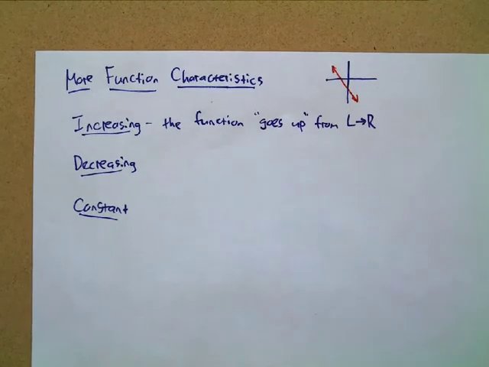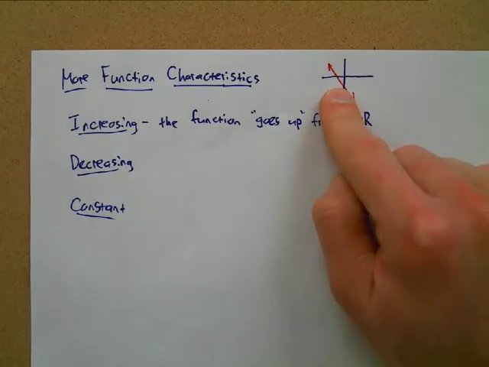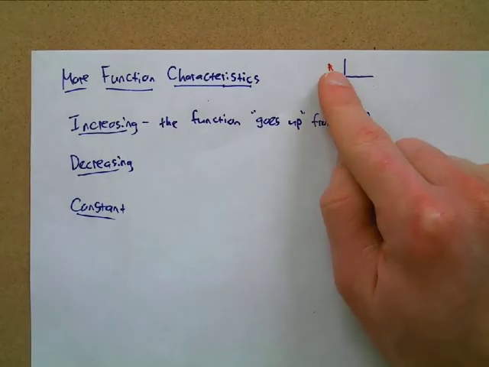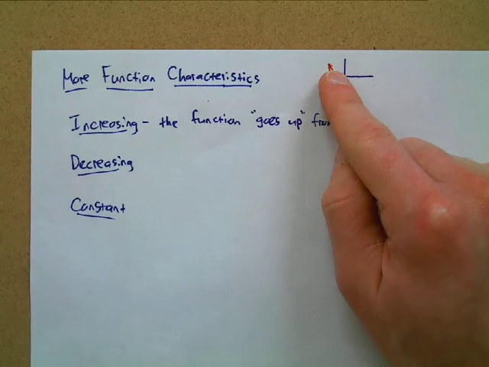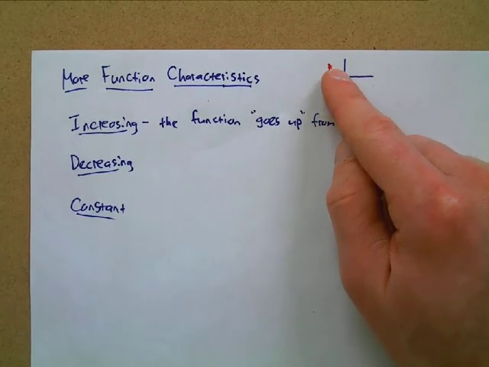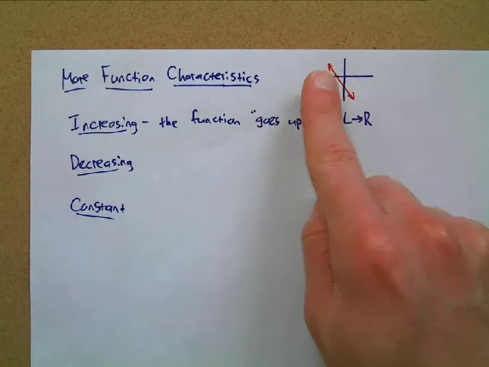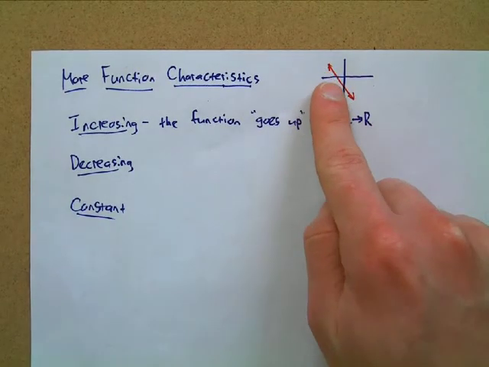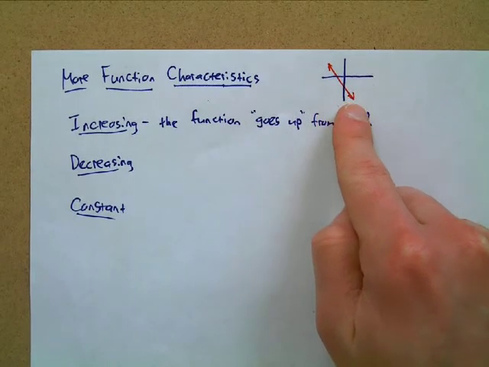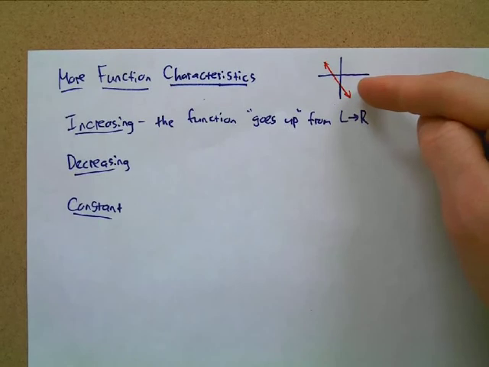If we just think about increasing as going up, you might look at this graph and say, "Oh, Mr. Wynn, I see this arrow is pointing up, so this function is increasing." But is this function increasing? No. As I move from left to right, which direction are we actually going? Down. So this function is decreasing. Please be careful here.